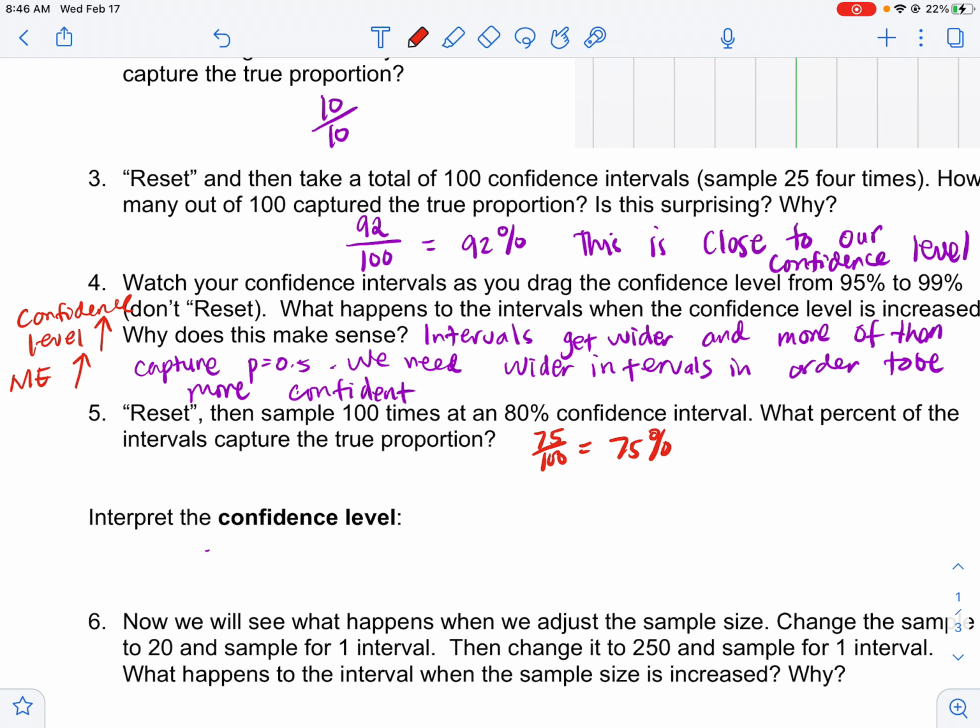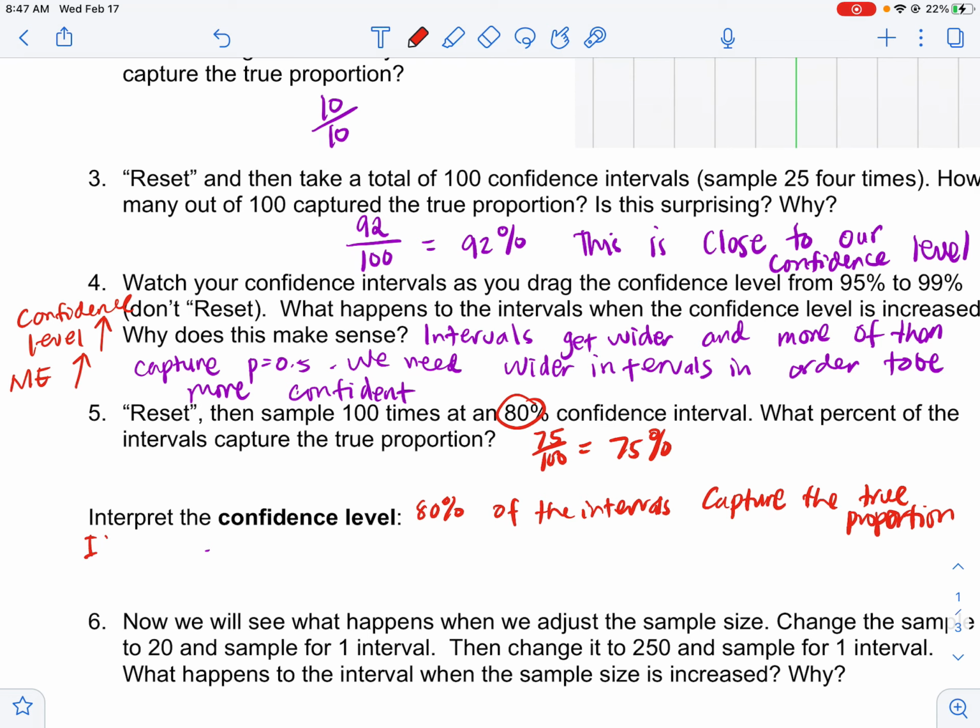Interpret the confidence level. And remember now, our confidence level is at 80%, right? So I'm going to be using 80% because again, answers vary. If I have to interpret what an 80% confidence interval is, I would say 80% of the intervals capture the true proportion.